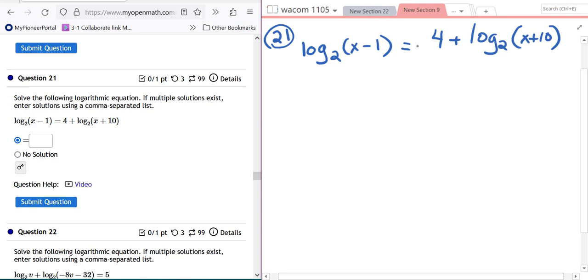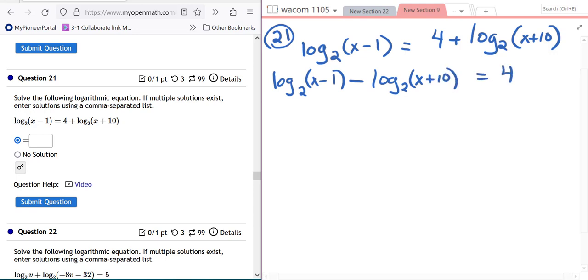So because of the 4, I can't do the last method. So I need to get the logs on the same side. So I'm going to subtract this log base 2 of x plus 10 and get it on the other side. And that leaves me 4. Now these need to condense. And remember, if it's a subtraction, it's the log of a quotient.